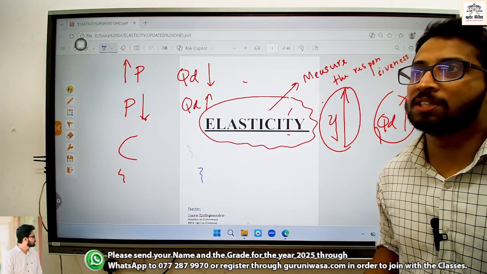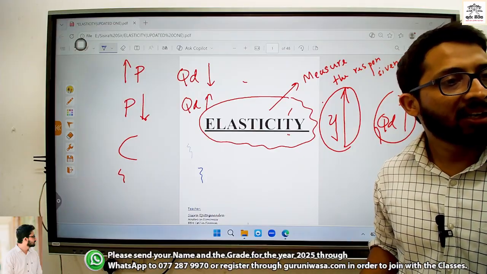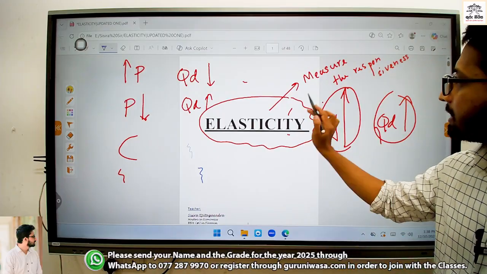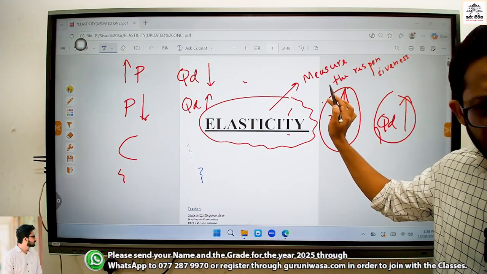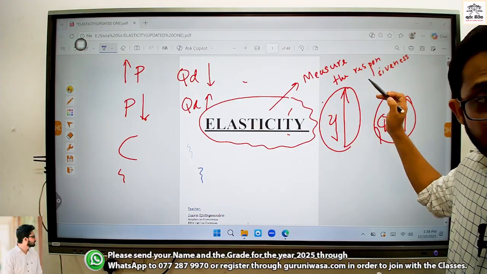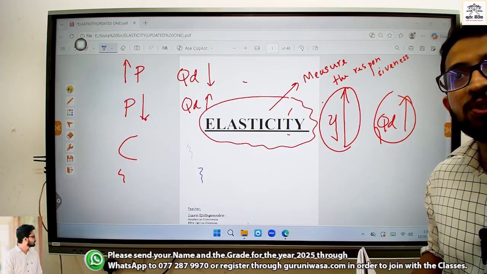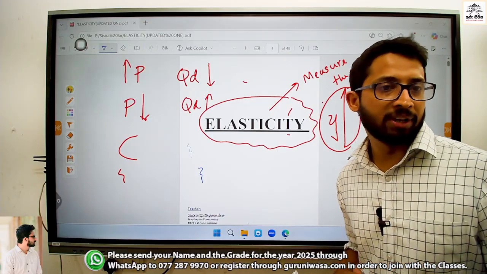Right? In mathematics, you might have learned dependent and independent variable. Here, elasticity measures something. What does it measure, Lamai? The responsiveness of the dependent variable to a change in the independent variable.